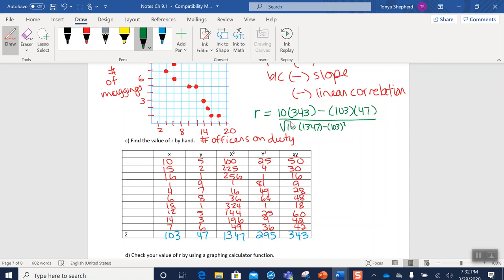And I take the square root of that number, minus, and then I do the same thing with the y's, n times the sum of the y squared column, which was 295, minus the sum of the y column, which was 47, squared, and I take the square root of that number.